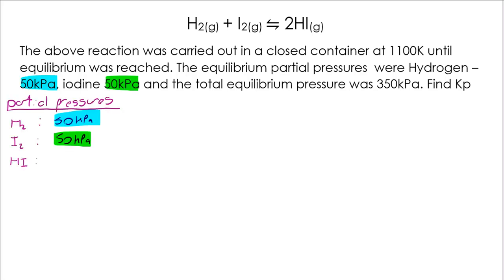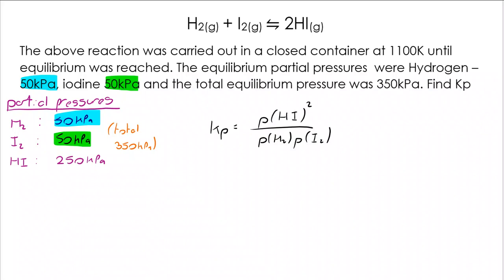So on this one, partial pressures, we were told 50 kilopascal hydrogen, 50 kilopascal iodine, but we're also told the total pressure was 350 kilopascals. That means we can work out what HI is. It's the remainder. So 350, take away the two 50s, and that gives us 250 kilopascals. I'm then going to write my expression for Kp.